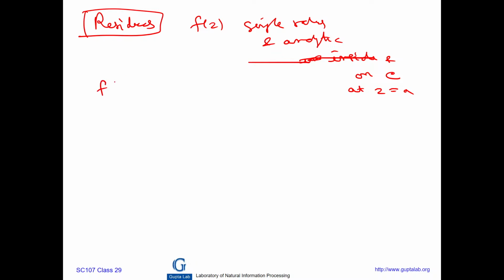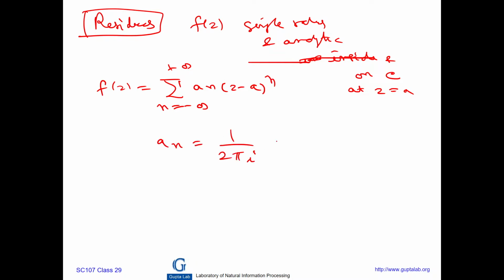Then we have f of z is equal to summation n is equal to minus infinity to plus infinity a n into z minus a raised to power n, where a n is written as 1 over 2 pi I integration along C, f of z divided by z minus a whole raised to power n plus 1, where n is 0, plus minus 1, plus minus 2 and so on.